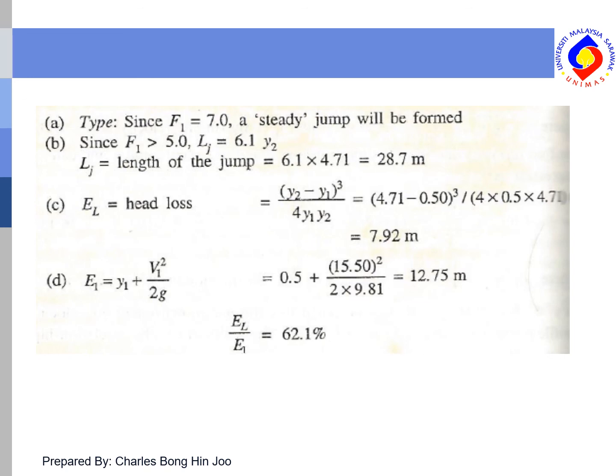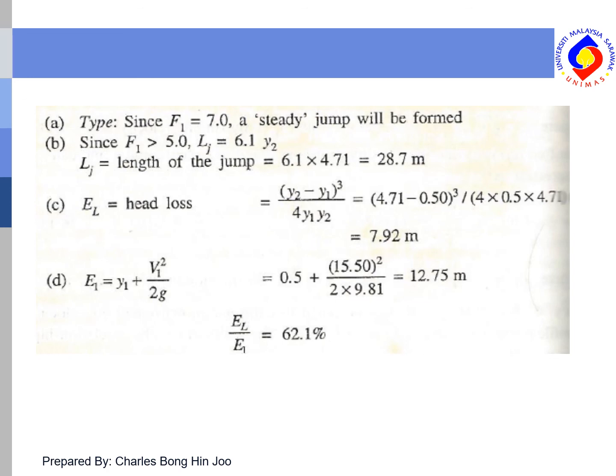So the length of the jump is equal to 6.1 multiplied by 4.71, which will get you 28.7 meter. For the energy loss or head loss, the expression is y2 minus y1 to the power of 3 divided by 4 multiplied by y1 y2. If we substitute in the value, it will give us 7.92 meter.